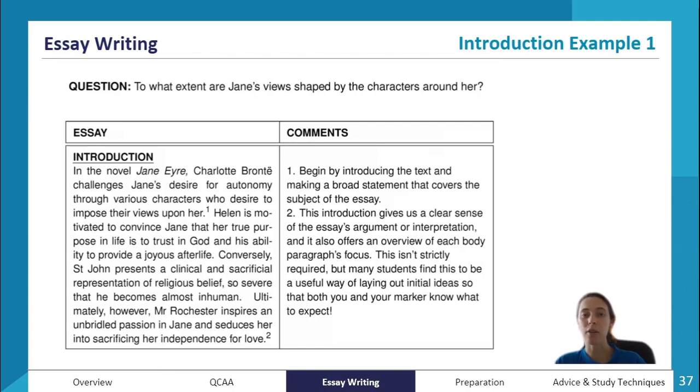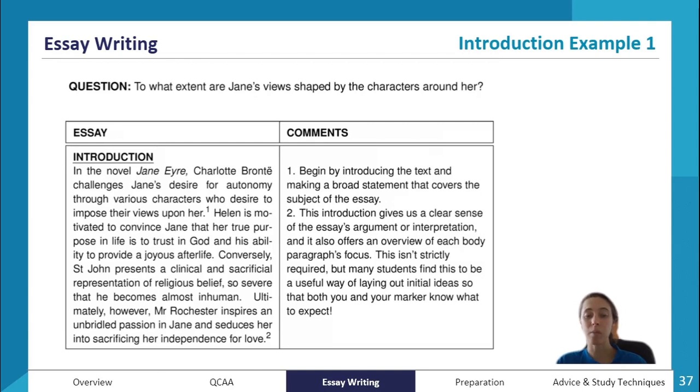If you establish that from the beginning in your introduction, you've got a clear sense of direction for how to form your body paragraphs, your topic sentences, and what you'll be focusing on. And it can also help the reader, because it provides clarity around your direction and your ideas. And so basically, you know what to expect when writing, and your marker knows what to expect when reading.